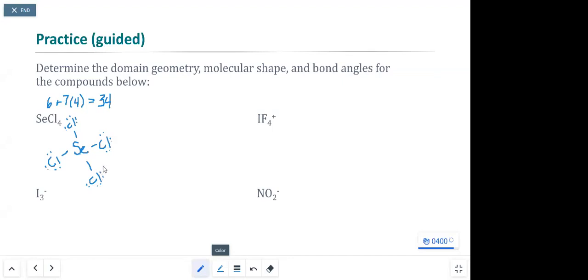So I'm 2 electrons short of where I need to be. And remember from chapter 4, if I am 2 electrons short, I need to turn that into another set of dots on the center atom. So selenium tetrachloride looks like that.